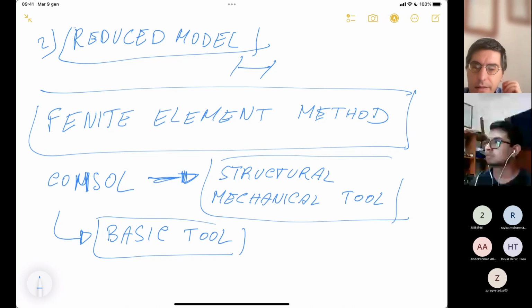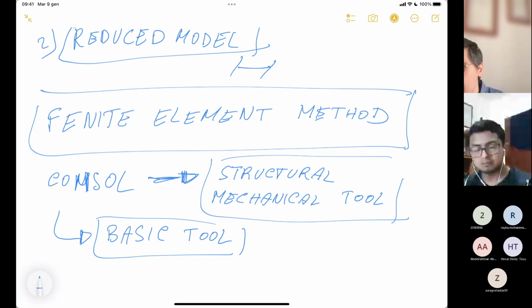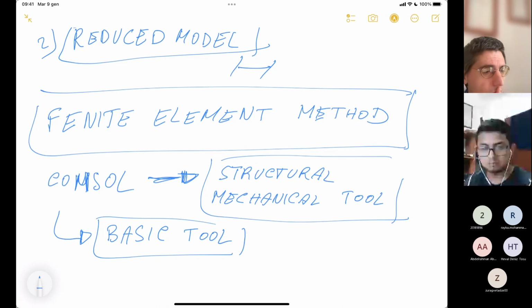Of course, this tool is not optimized for everything. So you can have some results, maybe you have to struggle a little bit to have the results. But this is not the important stuff. The important stuff is that using COMSOL, you can have a quick glance of what can be the results of your model. So you can make some adjustment in the hypothesis, in what is important, what is not important, what is negligible, what is not negligible.